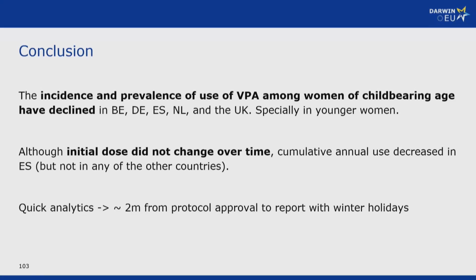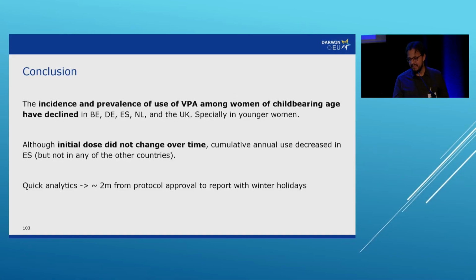So basically the conclusion for this study was that incidence and prevalence of use of valproate among women of childbearing age has declined in all the studied data sets, especially in younger women. So this is exactly what we were looking for, so that's good. And the initial dose did not change over time.